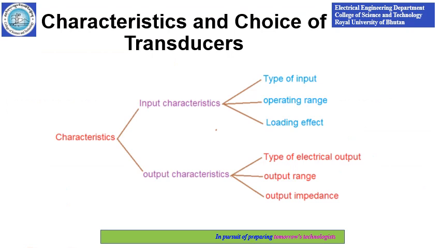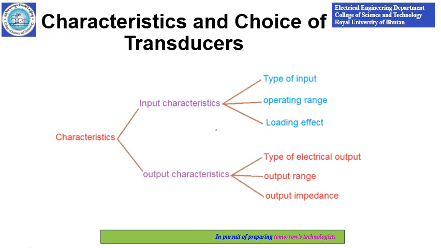Okay, so the next thing we're going to look at is the characteristics and the choice of transducers. So this is the general schematic of the characteristics of transducers. The first characteristic is the input characteristics, and under input characteristics, we are going to look at the type of input.